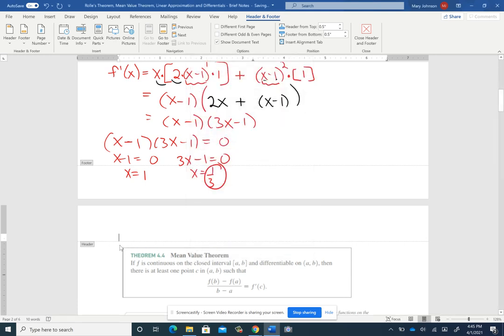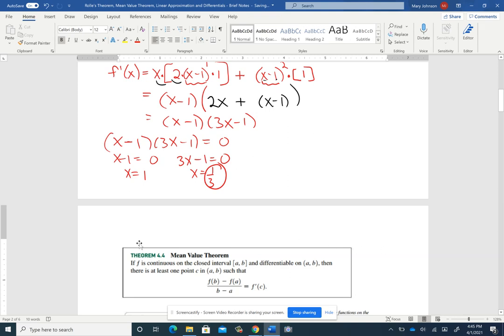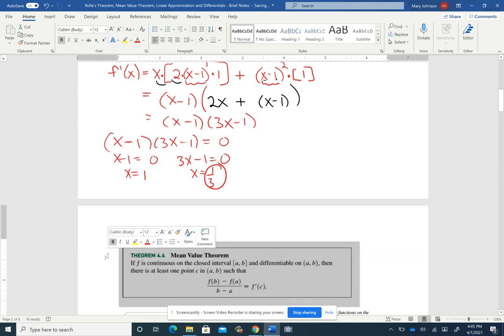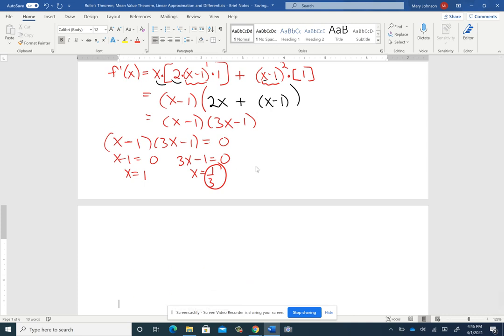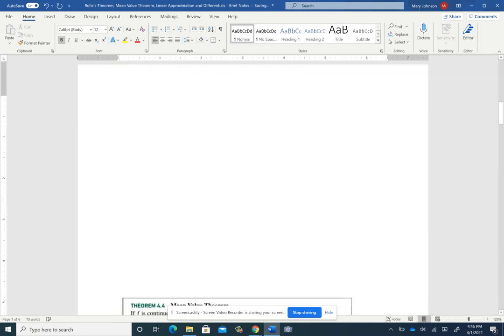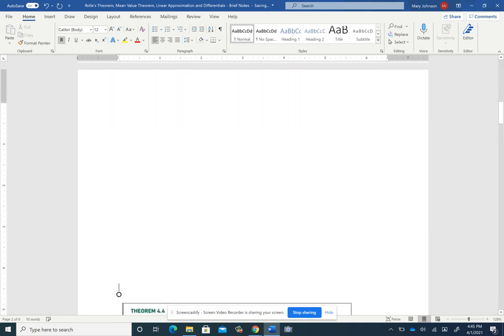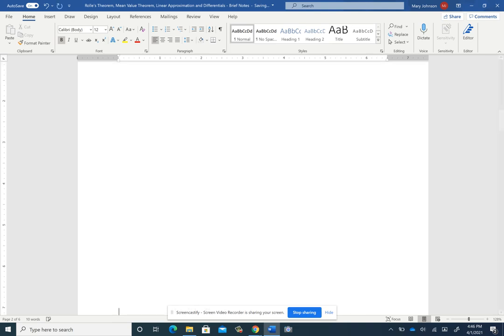Okay, so let's do a couple more from that section. There we go. The whole page here. All right, here we go.